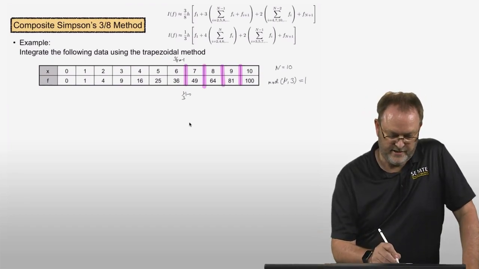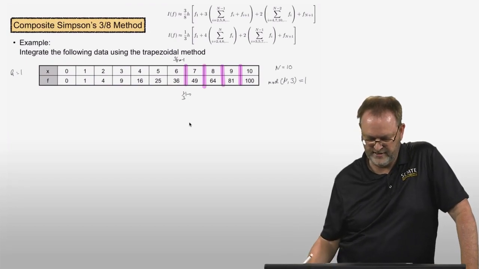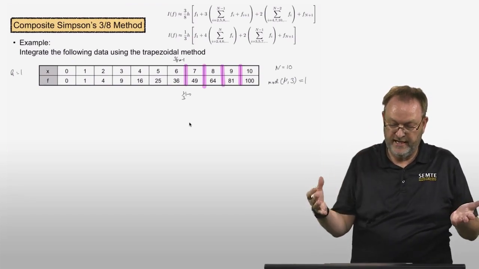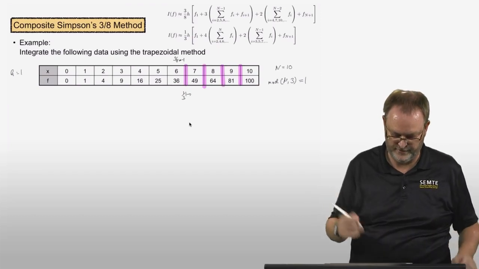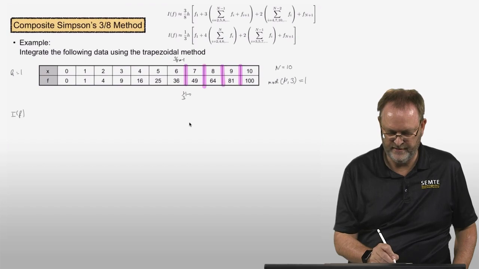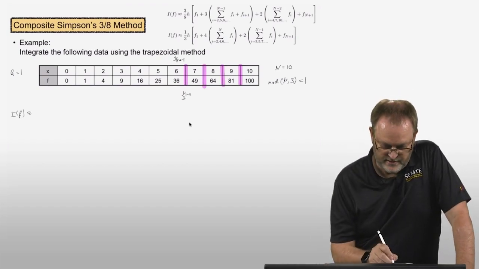My spacing h, we determined before, was equal to 1. So that kind of works out. And all we now have to do is apply Simpson's 3/8 to the first part and Simpson's 1/3 for the last 4 subintervals. So the overall integral, I of f, is approximated as Simpson's 3/8.